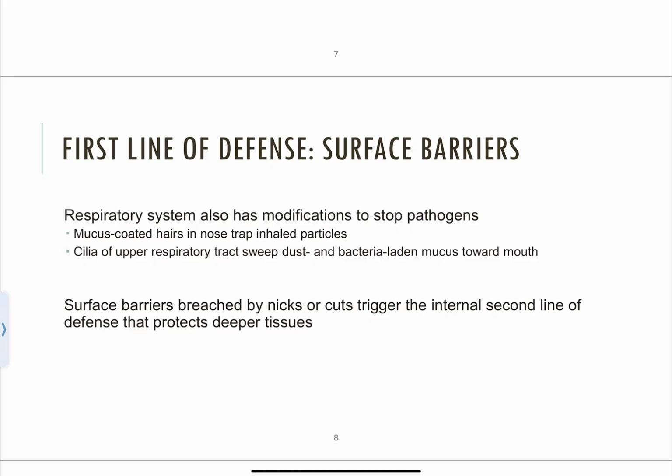If our surface barriers are breached by nicks or cuts, that triggers the second line of defense that helps protect deeper tissues. As long as we haven't cut or nicked ourselves, our first line of defense, just our membranes themselves, is sufficient. In the event that we've torn our barriers, our skin or our mucous membranes, then we need our second line of defense to come into play.